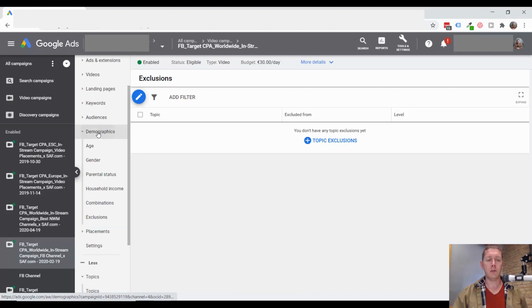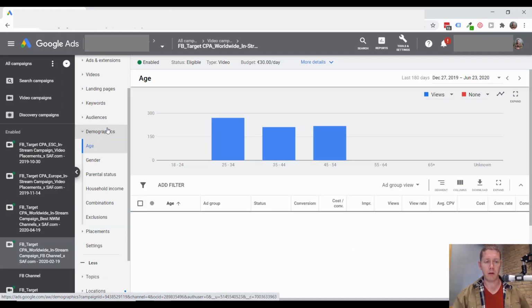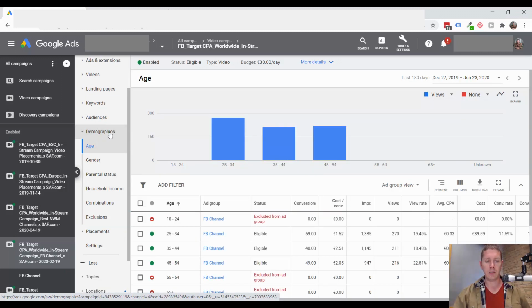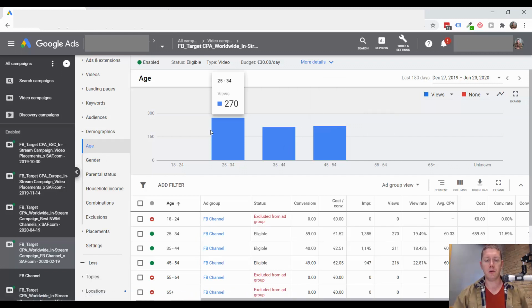And you can also exclude demographics. So if there are people of a certain age, gender, household income that you want to exclude, you can do that here as well. You can see in this campaign, they've excluded all age groups except the 25 to 54 age group.